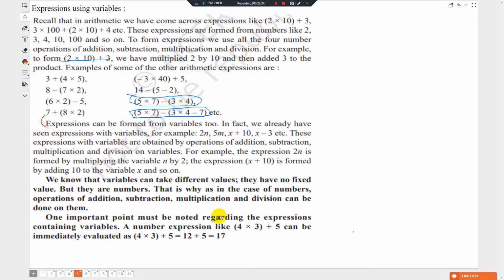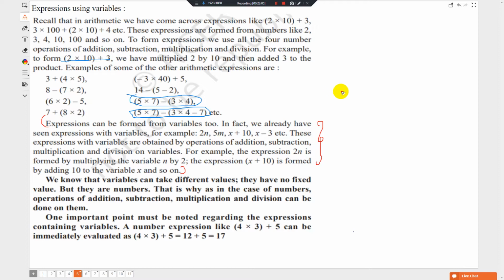We will take this paragraph. This paragraph is the definition of expressions using variables. So we'll see this paragraph. See, expressions can be formed from numbers and even variables. Among variables and constants, we know constants mean numbers and variables mean those alphabets.